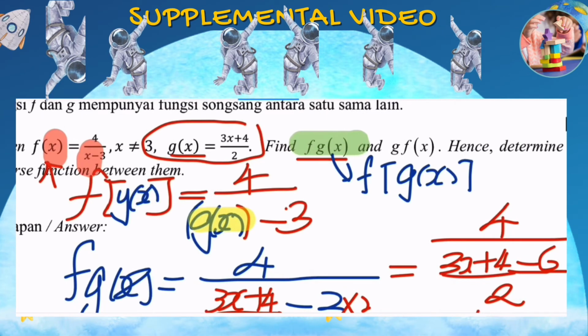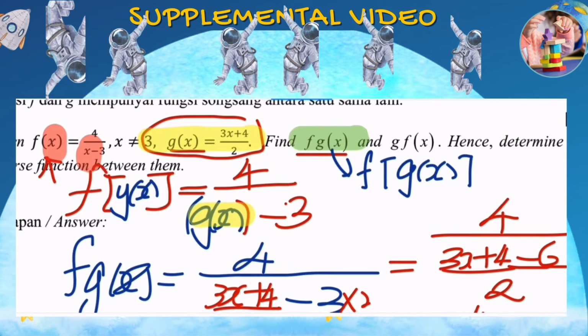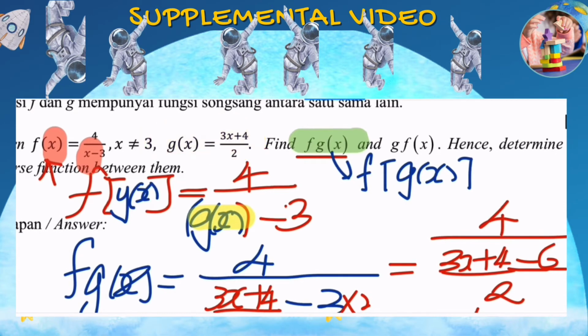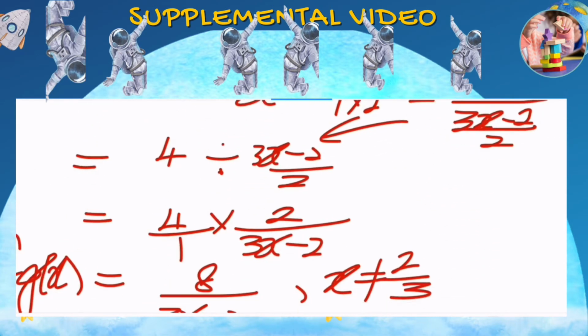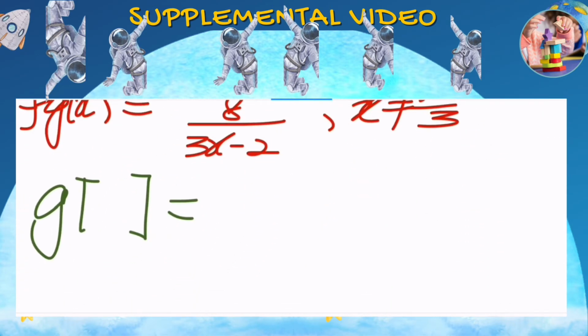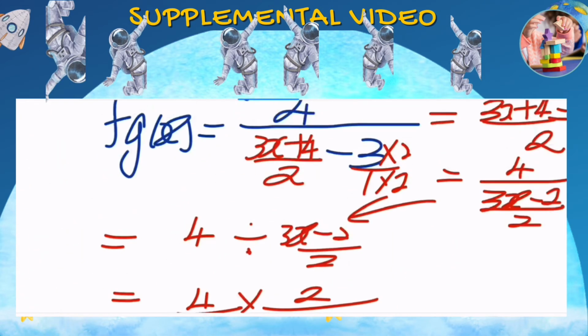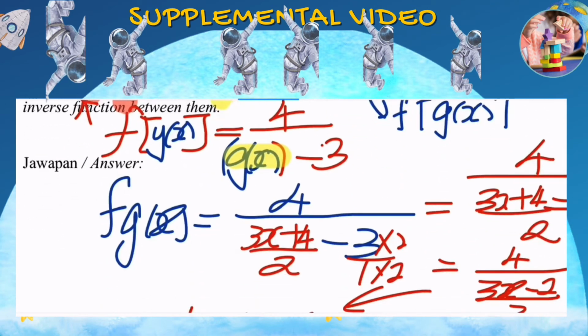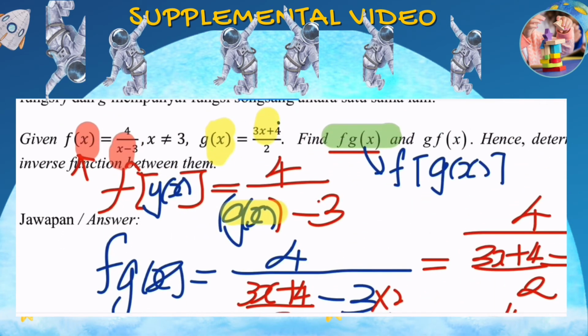Okay, so we have found f(g(x)). Now we are going to find g(f(x)). So we have to copy down the g(x) first. g(x) is (3x plus 4) over 2. So the same, we will copy g. When we see x, we leave it blank. 3 times blank, x we don't write, right? Then plus 4 over 2.